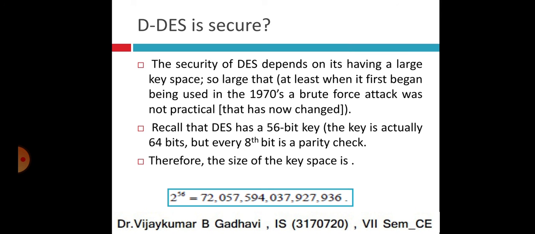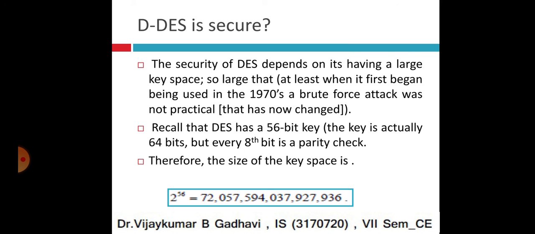So large that at least when it first began being used in the 1970s, a brute force attack was not practical. That has now changed. Now we are applying double DES. Recall that DES has a 56-bit key. The key is actually 64-bit, but every 8th bit is a parity check.